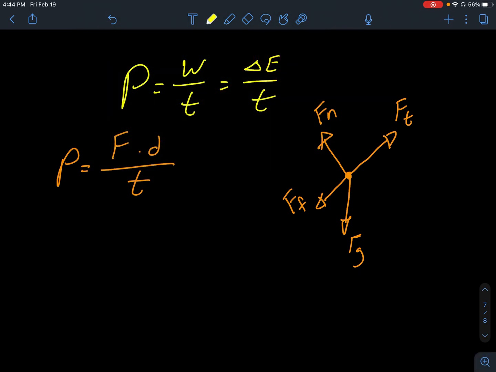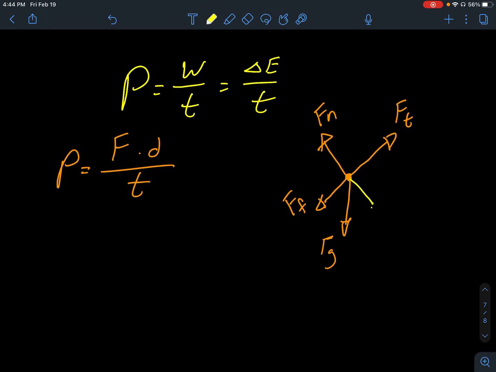And we're also missing that we have to determine component forces as well. So normal and gravity are going to be equal, gravity in the y direction.